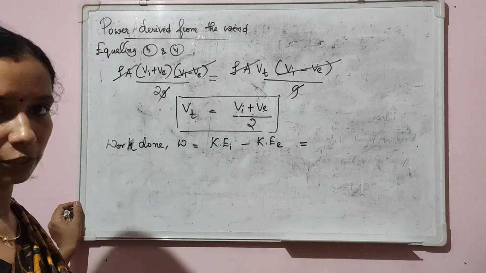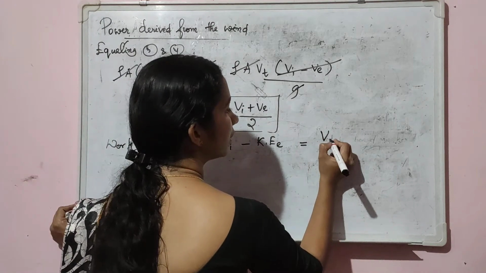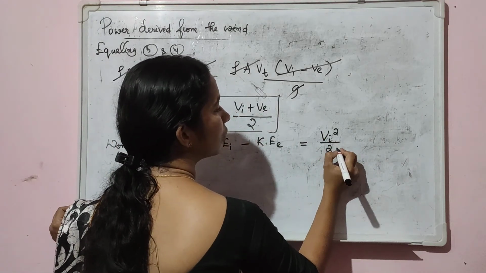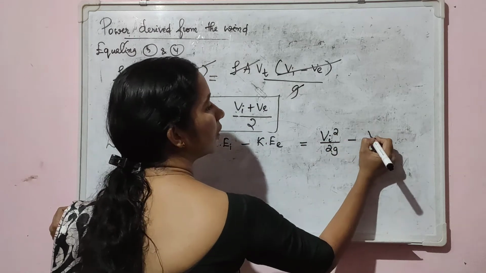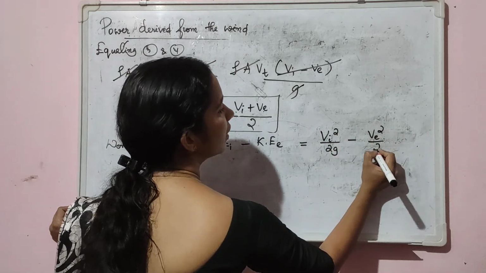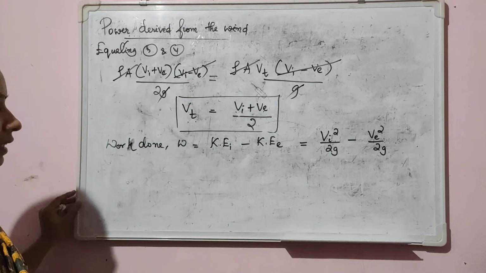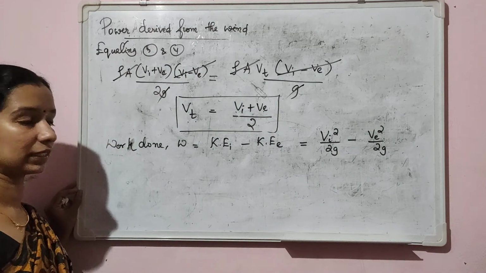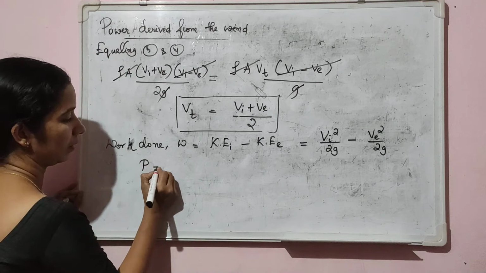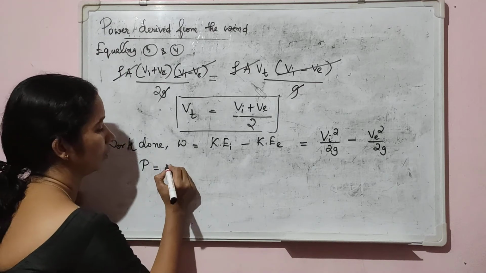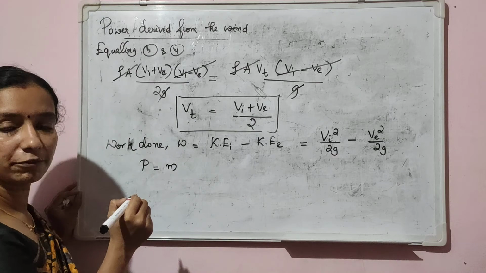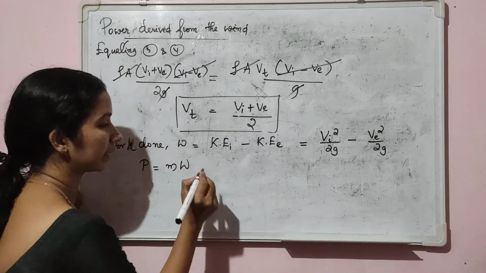V square by 2g. So here it is Vi square divided by 2g minus Ve square divided by 2g. So this is the equation for kinetic energy, and we know that the power is equal to mass flow rate into the work done.